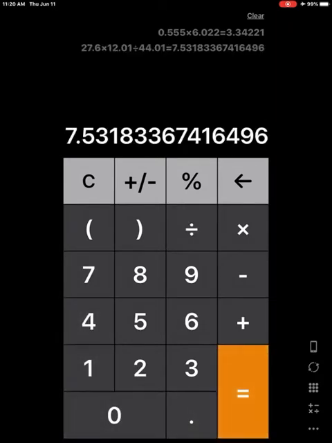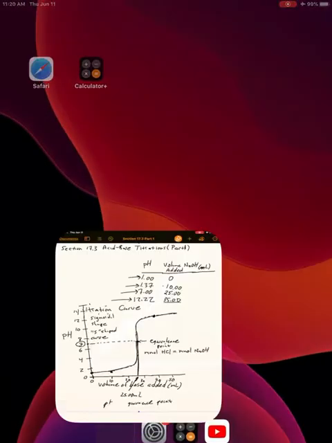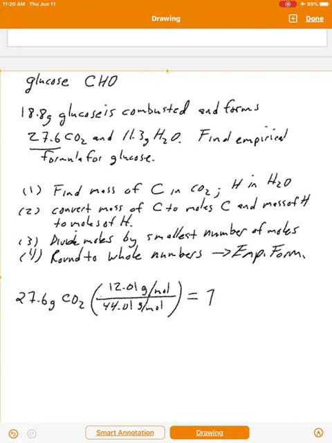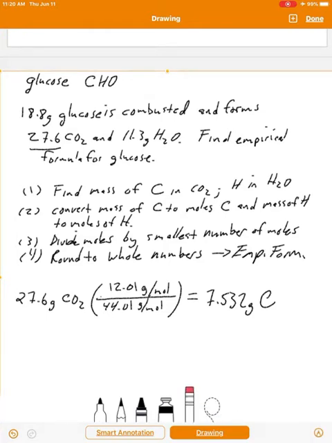And you get 7.532. So that right there tells you the mass of carbon, not only in the carbon dioxide, but in glucose, right? Because the combustion reaction results in all of the carbon being converted from glucose into carbon dioxide.